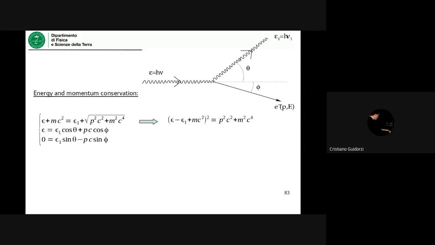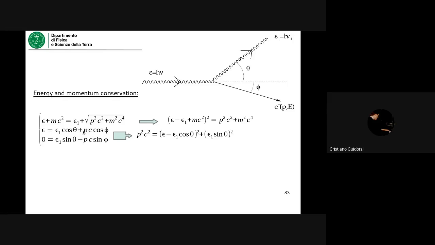By bringing this term to the left-hand side of this equation and squaring both sides, you immediately end up with this. Instead, if you combine the second and the third equation, you take this term on the left-hand side and then square both terms.